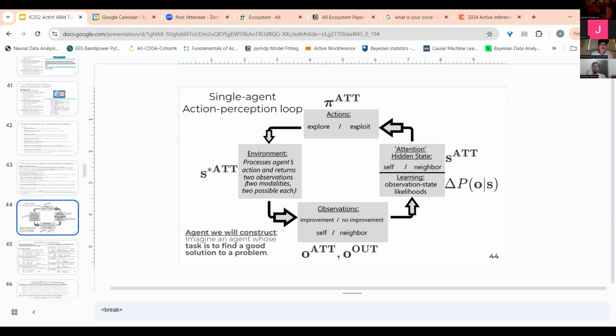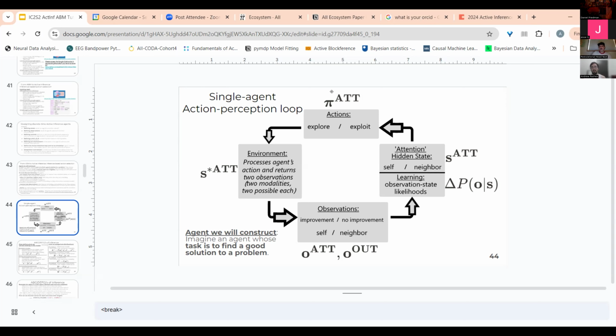And you can see how if they steal the answer from their neighbor and they see an improvement, then they start to learn, oh, if I just keep taking my neighbor's answer to this problem, I keep seeing improvements. Or it might be the other way around. They might see no improvement, start to associate the action exploit, receive the observation neighbor and no improvement. And then in their likelihood model, they'll learn, oh, I shouldn't steal from my neighbor. That leads to no progress on me trying to solve this problem.